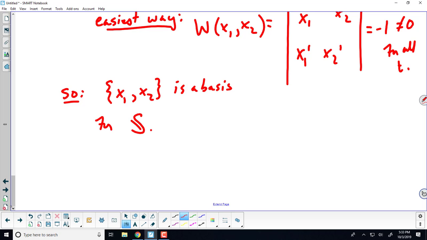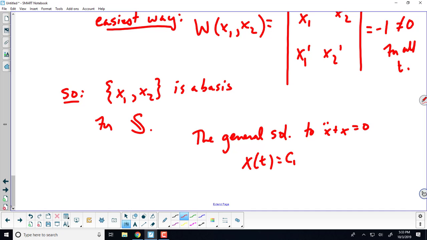Meaning, the general solution to x double prime plus x equals 0 is this equation right here. Or what did we say x1 and x2 were? It was c1 sine of t plus c2 cosine of t.